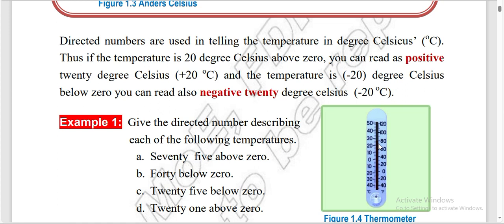That's positive 75. 40 below 0 means the measured temperature is less than 0, very cold. It's negative 40. So below and above 0 degrees centigrade show hotness and coldness. Cold means less than 0, hot means above 0.